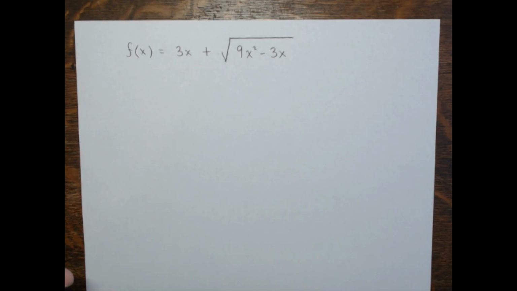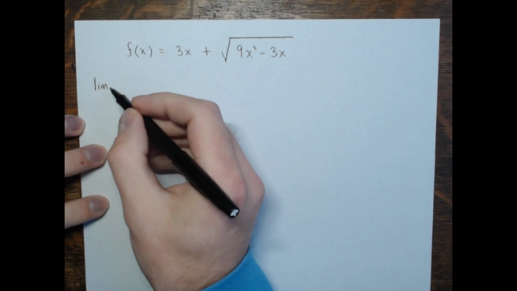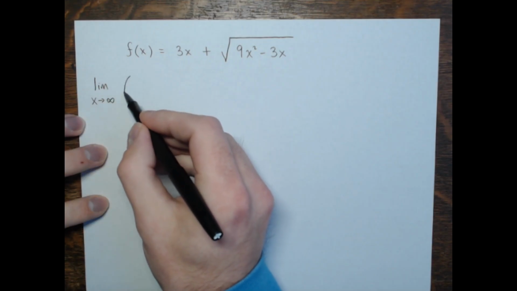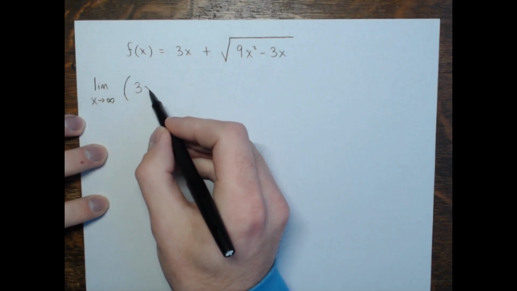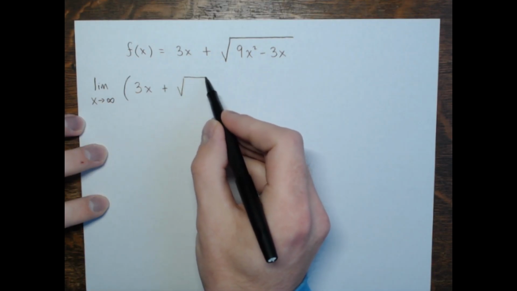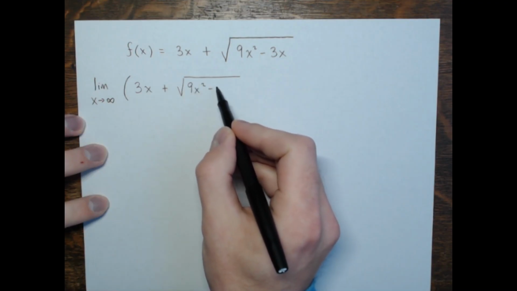Okay, so just like I did with the last one, I'm doing the limit as x approaches positive infinity of this expression, 3x plus the square root of 9x squared minus 3x.